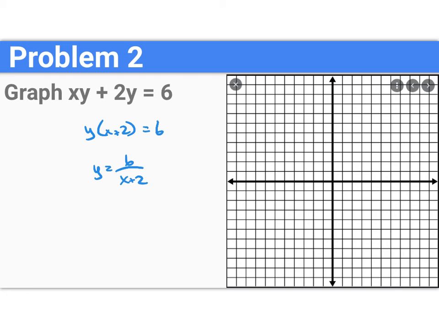If I set the bottom x plus 2 equal to 0, I get x equals negative 2. So that means negative 2 is an excluded value over the whole graph. All right, so your graph is going to look something like this and something like this, with your horizontal asymptote on the x-axis.